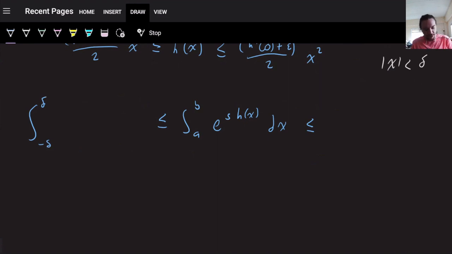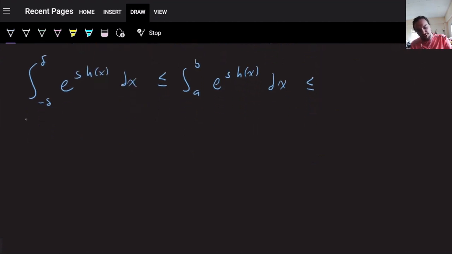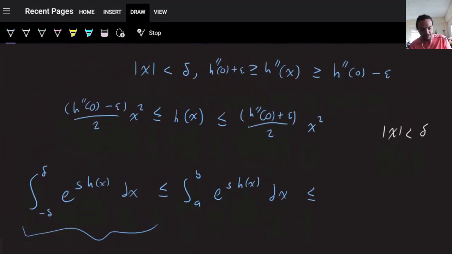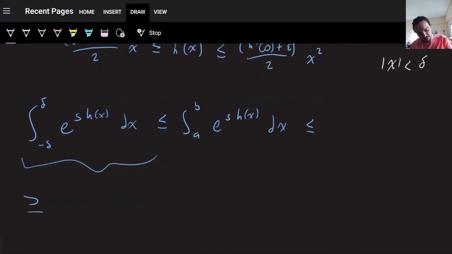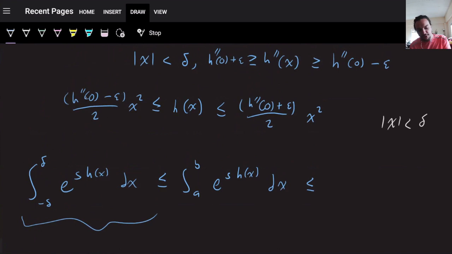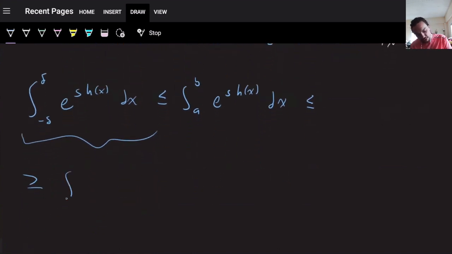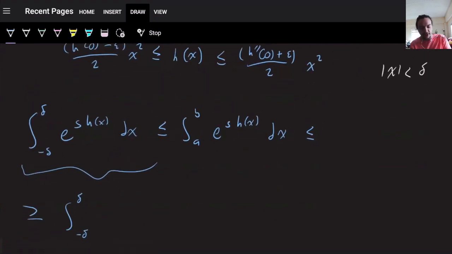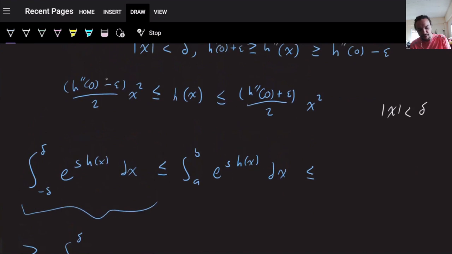And then I'm going to replace, first I'll write e to the s h of x dx, right? But then I can replace h of x by the lower bound, by the thing that's smaller than it. So I can say that this is greater than the thing where I replace h of x by the lower bound, because I know that for x less than delta, this guy is smaller than this.